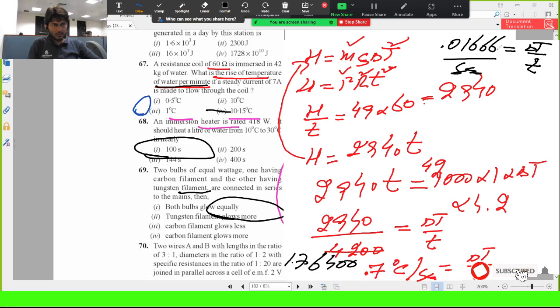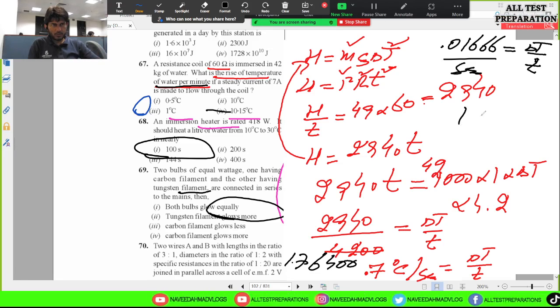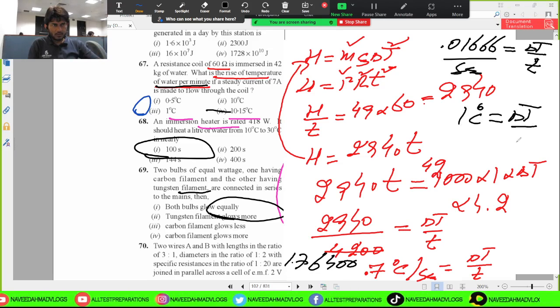In 1 minute we have 60 seconds, so you will multiply it by 60. So 0.99, which is equal to 1 degree C. That will be this one.